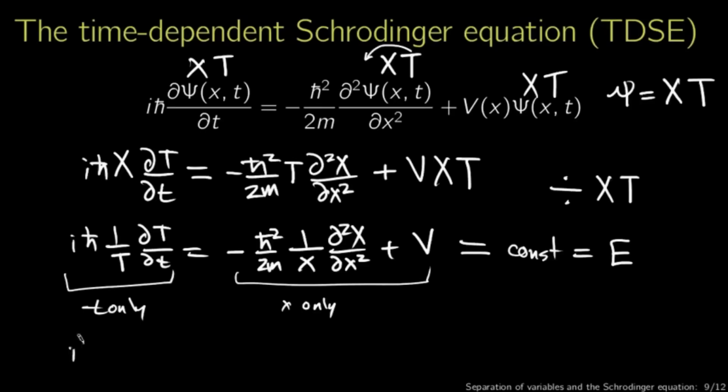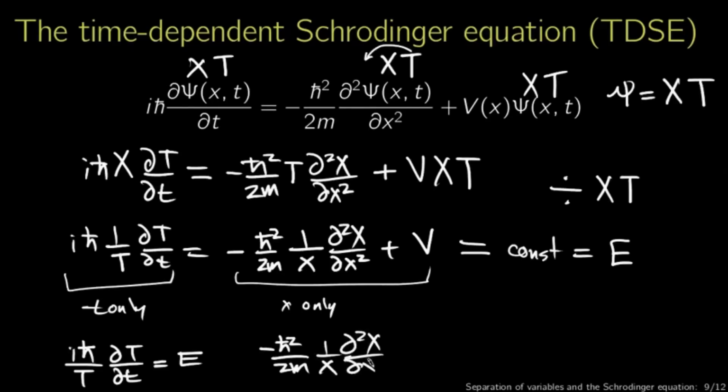One, i h bar over T, first partial derivative of big T with respect to time, is equal to E. And from the right-hand side, we get minus h bar squared over 2m, 1 over big X, second partial of big X with respect to position, plus V is equal to the energy. So these are our two equations.